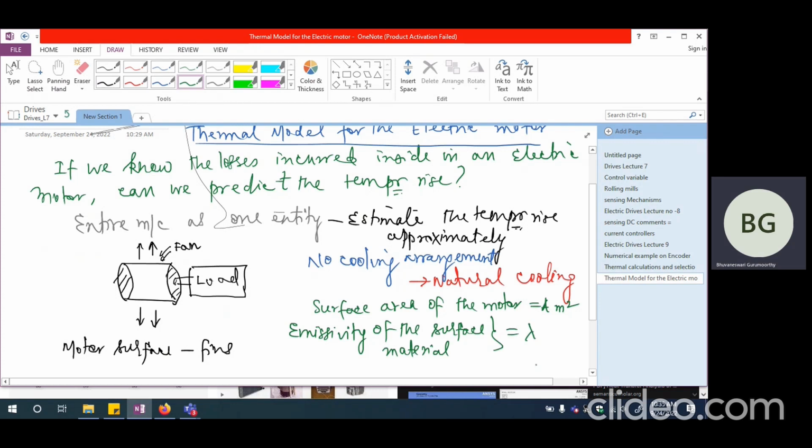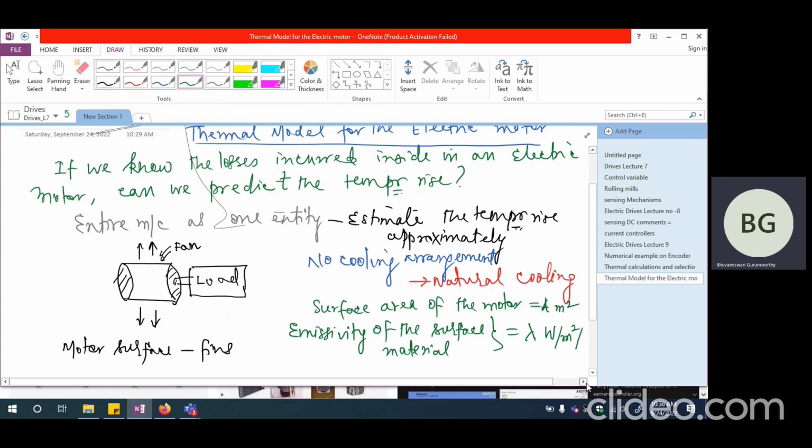Lambda is going to be measured in terms of how many watts it is going to emit per meter square.